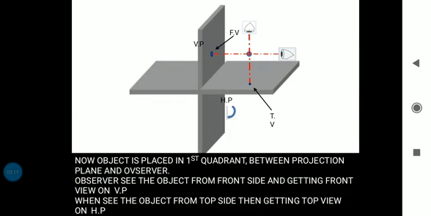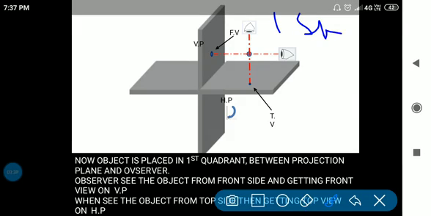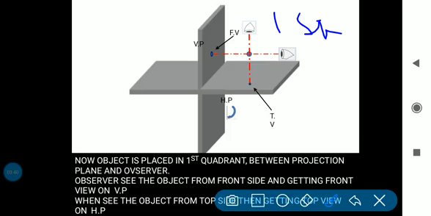Clear? Now see it. These are the two planes, this is the horizontal plane, this is the vertical plane. The object is placed here, in the first quadrant, and the observer is placed here and here.